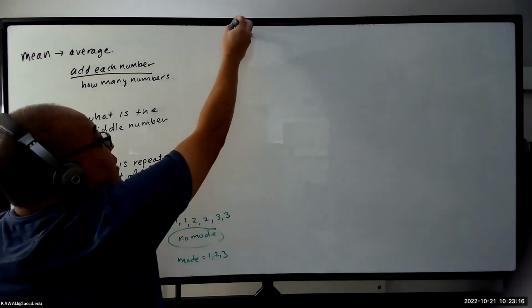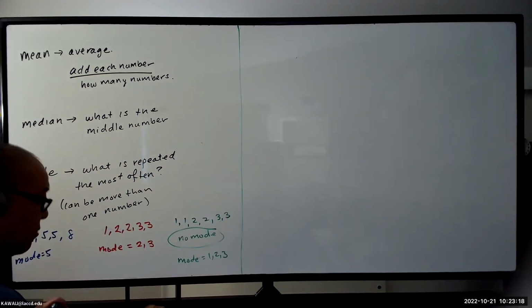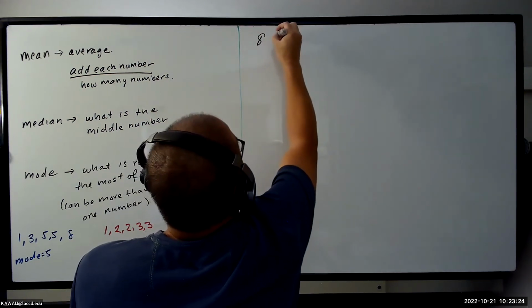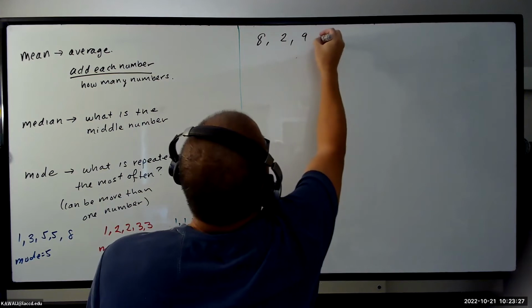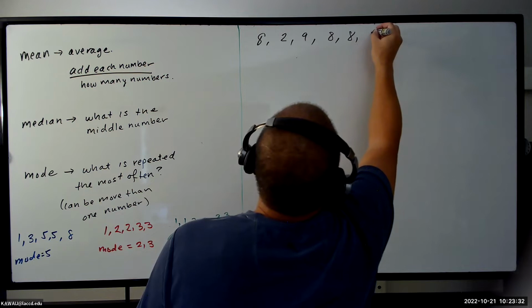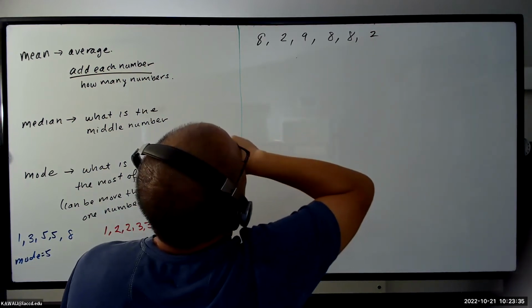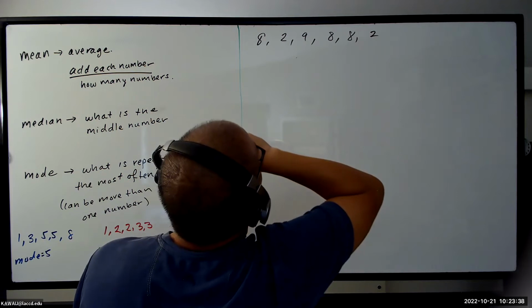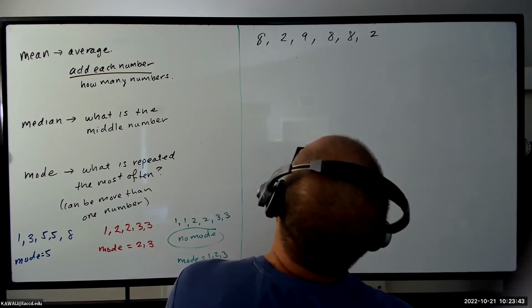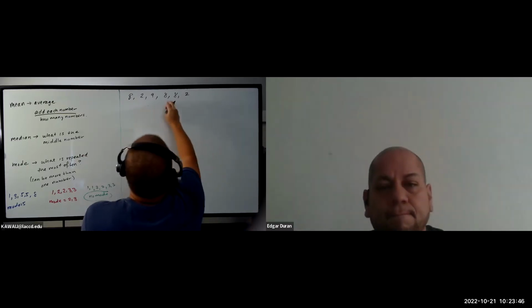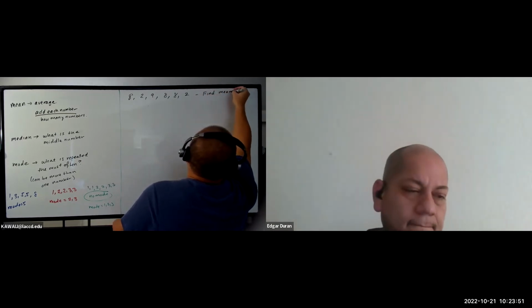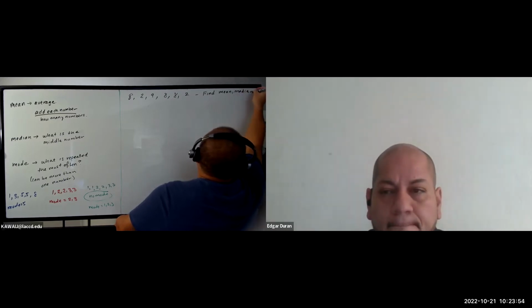Okay, so let's try drilling a little bit. Let's say I have 8, 2, 9, 8, 8, 2. I want you to find the mean, median, and the mode.